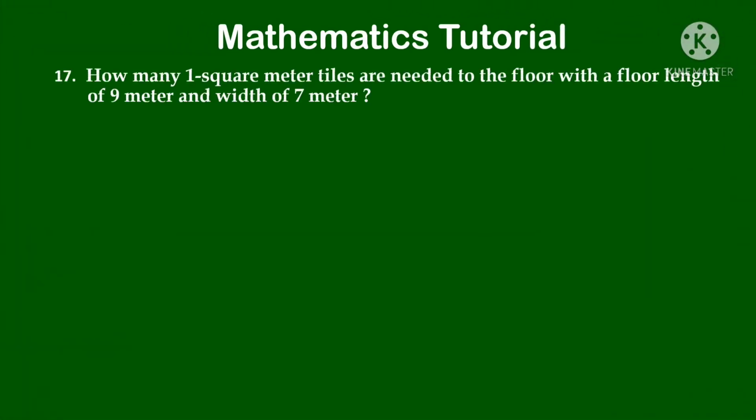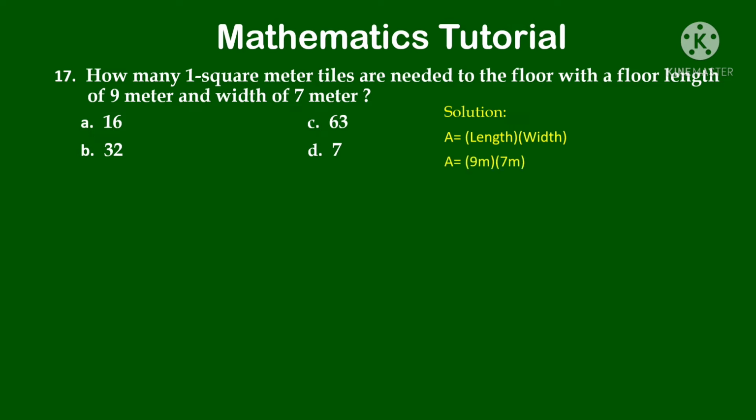Number 17. How many 1 square meter tiles are needed to cover the floor with a floor length of 9 meters and width of 7 meters? A, B, C, and D. Here is the solution. So the area of a rectangle or a square is length times width.